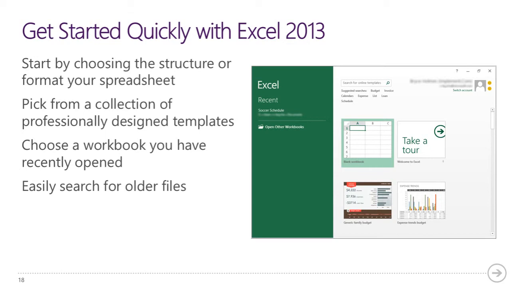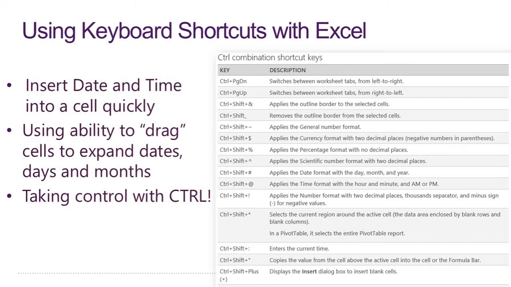And you'll see with Excel 2013, there's ways of doing this in previous versions of Excel, but 2013 has really gone to the next step to make it very easy to either search from a recently used list of items all the way up to searching for templates that are out there on the public domain, as well as searching for older files. So I'll show you this in just a second here.